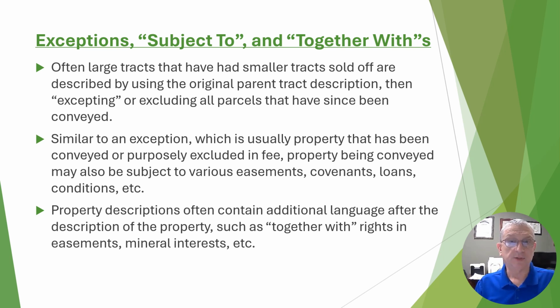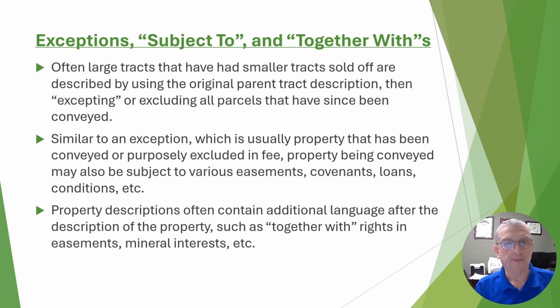Similar to an exception is when there has been some kind of easement or right conveyed away from a piece of property, and the footnote there is liable to say subject to an easement in deed book so-and-so, which may be for a gas pipeline, a driveway, a solar field, who knows?